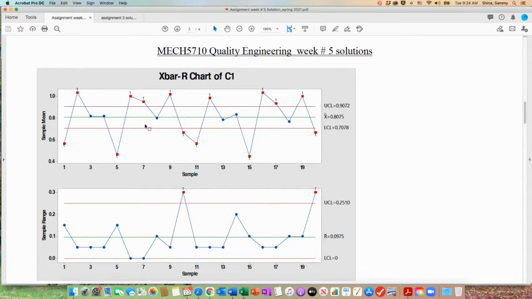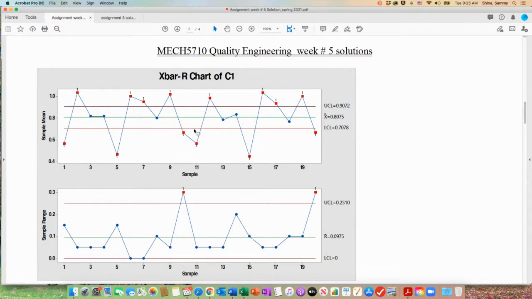And B, if you're out of control, it does not mean you're out of spec. It just means the sample average of today does not meet the historical standard. So you could be out of control but not out of spec. Part of Six Sigma is to have wide enough specs so that if you're out of control, it's not a disaster. You can still ship the parts. You do not have to rework them. If you're out of specs, you have to rework them because your customer will not pay for those parts.